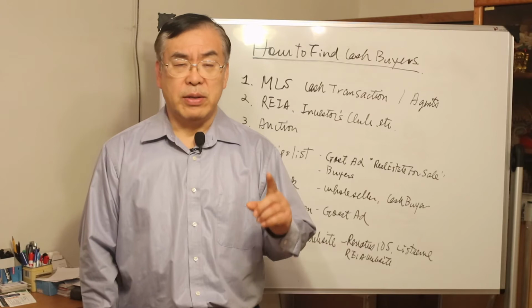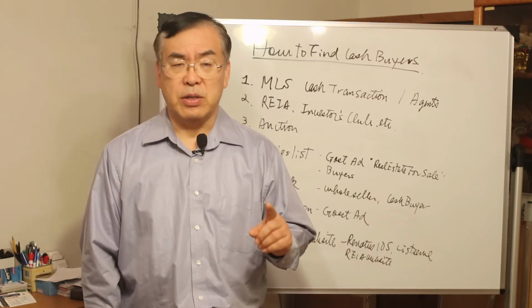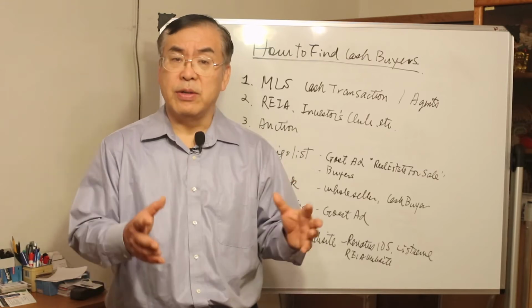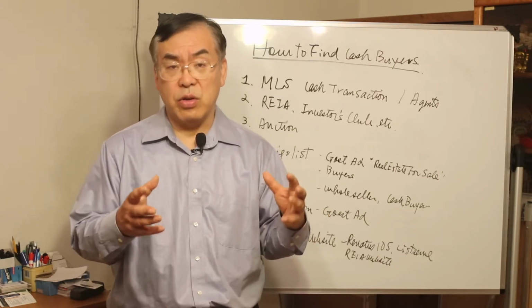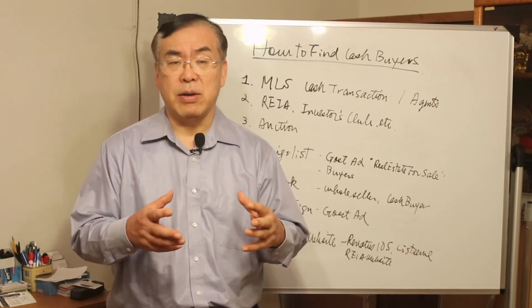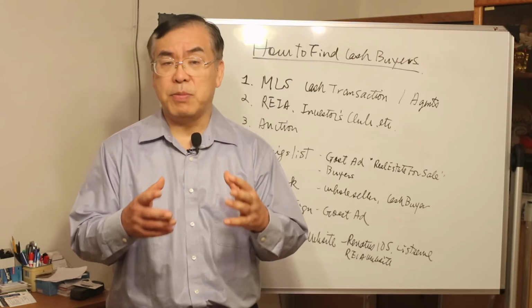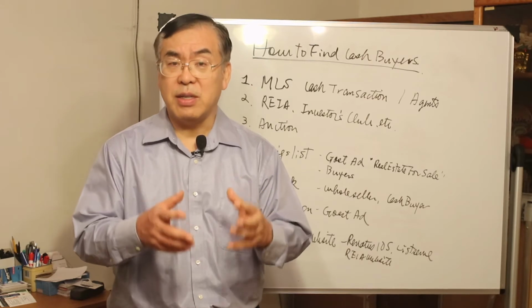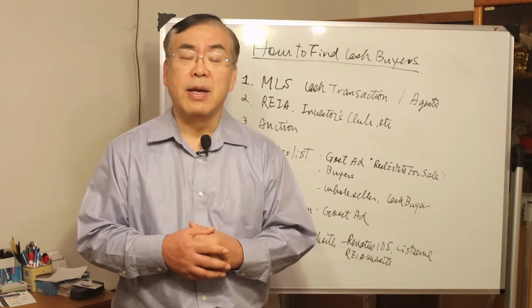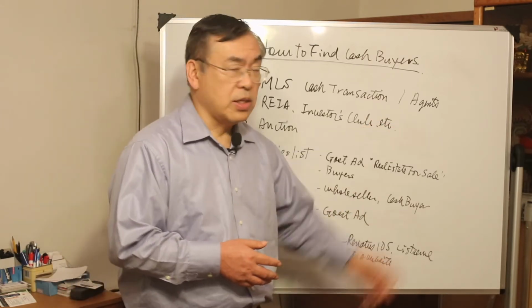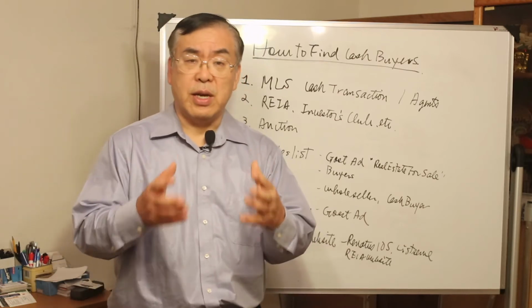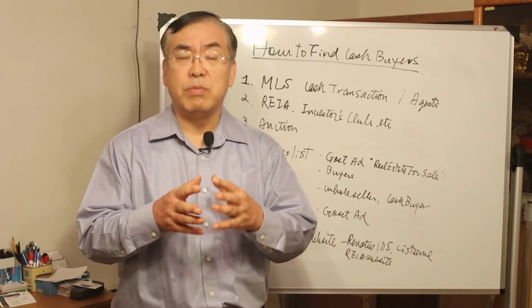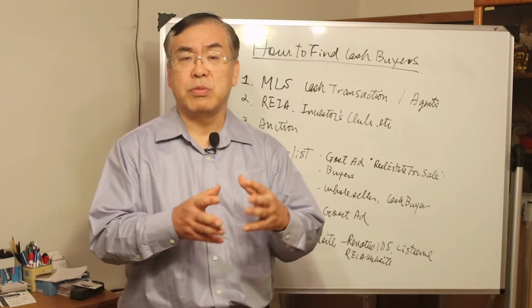This is the number one way to find cash buyers, especially if you are focusing on certain areas. You can look at the deals closed over the last several years and find out the cash buyers. If you find one buyer buying several properties in the same area, those cash buyers are really good targets for your wholesale deal. Also, check the agent who closed the deal and brought the cash buyer for those properties.